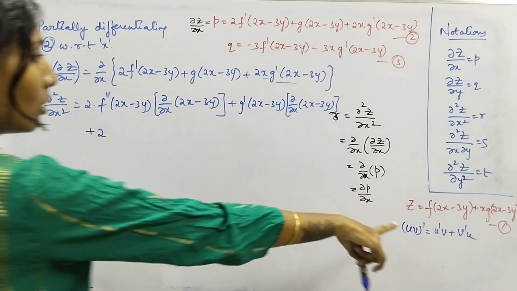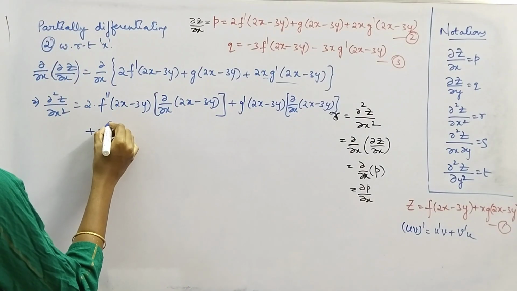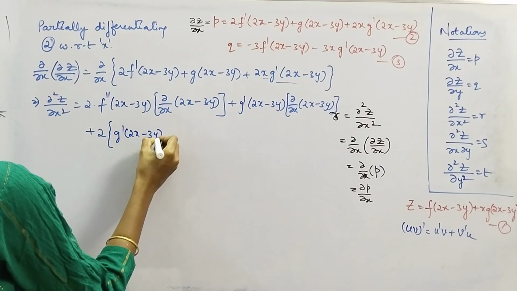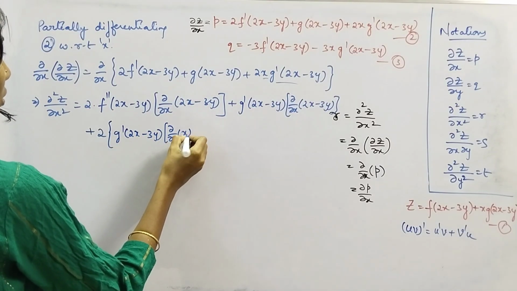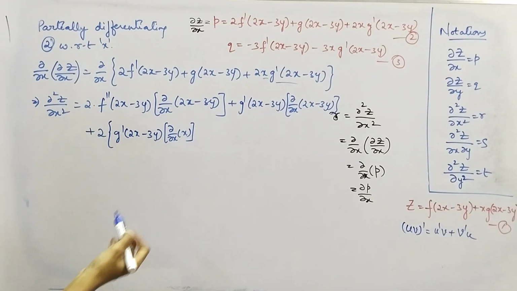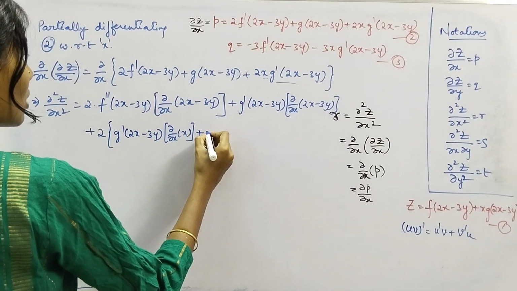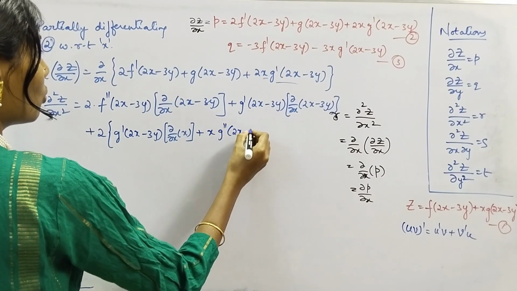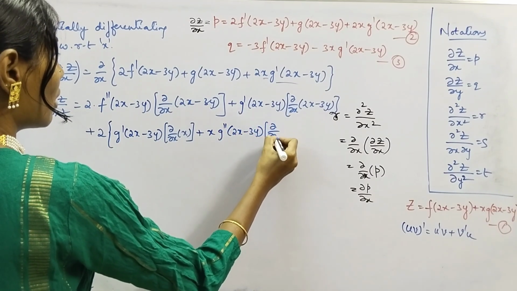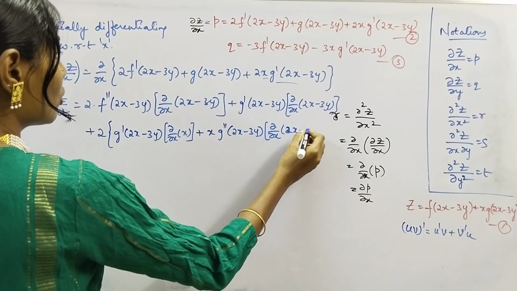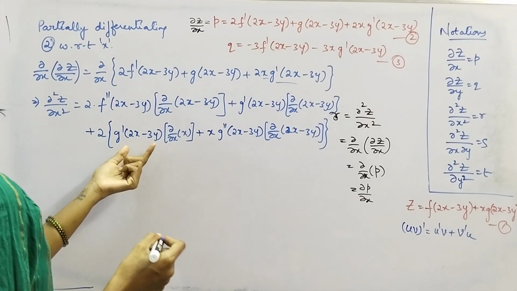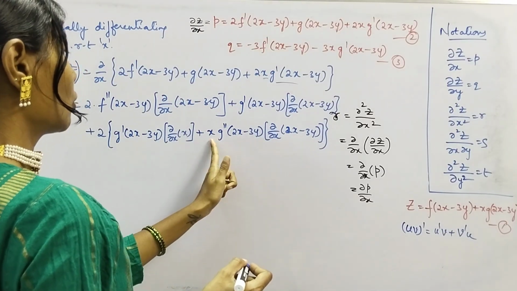We'll apply the (uv)' formula, so you'll get 2 times g' of 2x minus 3y into the partial derivative of x with respect to x. First we'll find the partial derivative for x, and in the next term we'll find the partial derivative for g', okay? Plus x into the partial derivative of g' is g'' of 2x minus 3y into the inner derivative, that is ∂/∂x of 2x minus 3y. Right? u'v plus v'u.